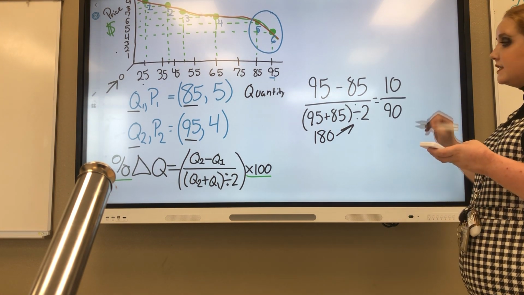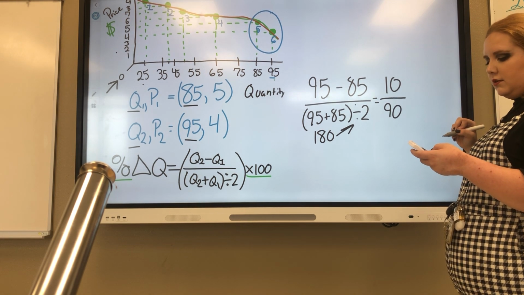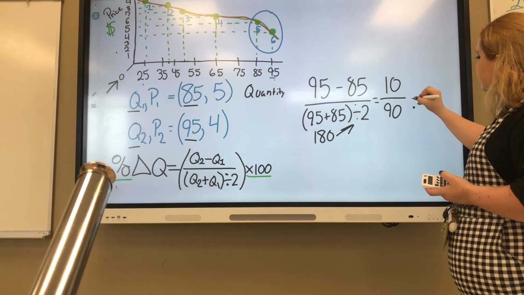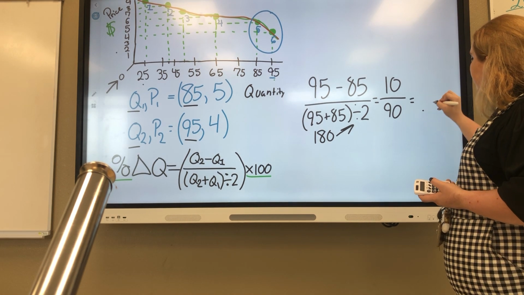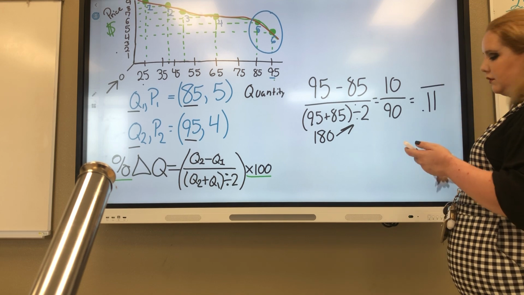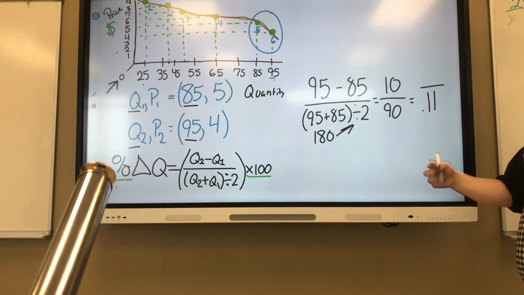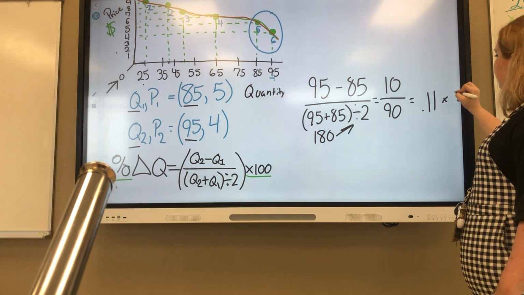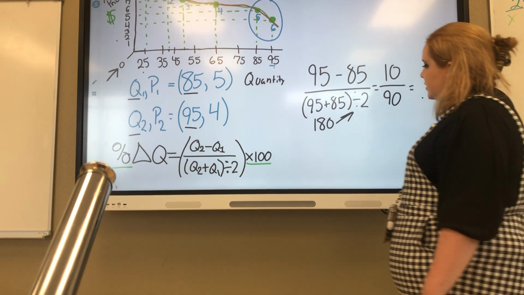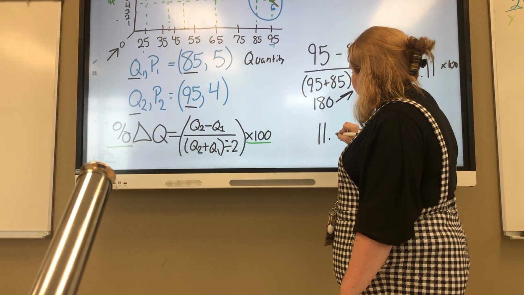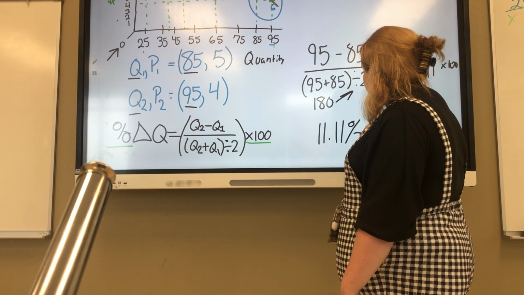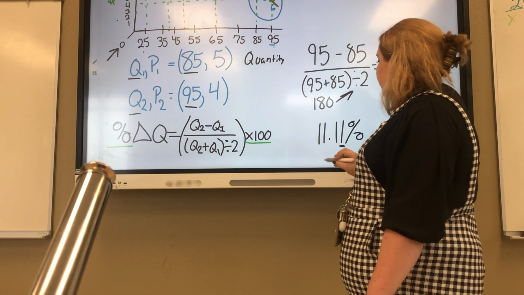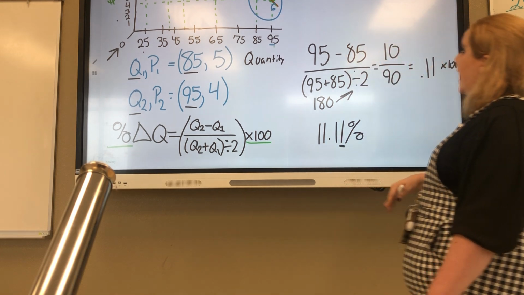So you type in your calculator 10, then you hit the division sign, then you type in 90, then you hit the equal sign. It's going to give you 0.11 repeating. All that means is that's never going to end. So we're going to take this number, we're going to take 0.11, multiply it by 100, which means you're going to give me 11.11%. Because we always want to carry out to the second decimal place when we're giving a final total. So this is step 1.